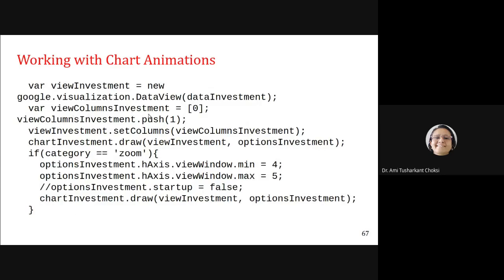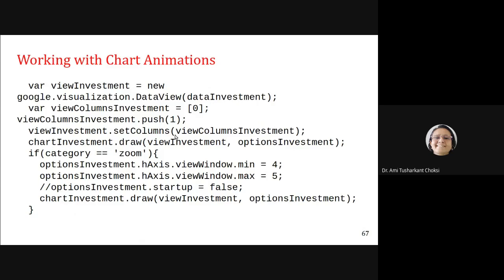Variable viewColumnsInvestment, that is equal to 0. That is the zeroth column, we can say. We are specifying the value as 0, right? viewColumnsInvestment.push as 1. So 0, 1, 2. Let's say that column number, right? That way we are specifying. Then after we can say viewInvestment.setColumns.